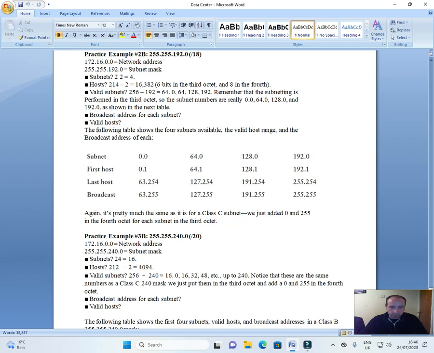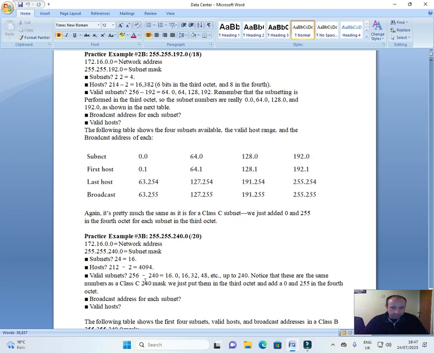Practice example 3B: 255.255.240.0/20. 172.16.0.0 equals network address. 255.255.240.0 equals subnet mask. Subnets: 2^4 equals 16. Hosts: 2^12 minus 2 equals 4,094.